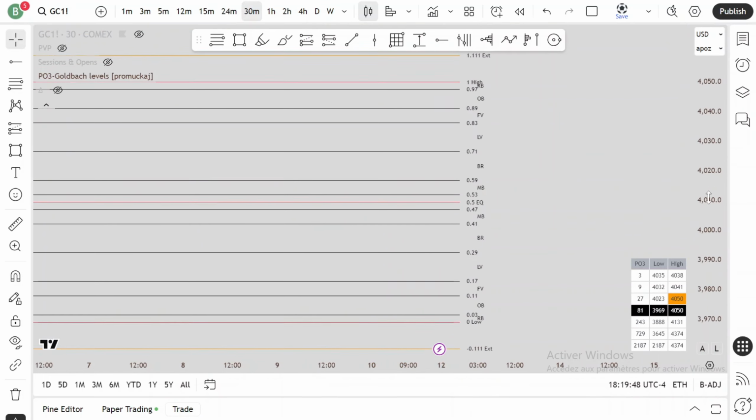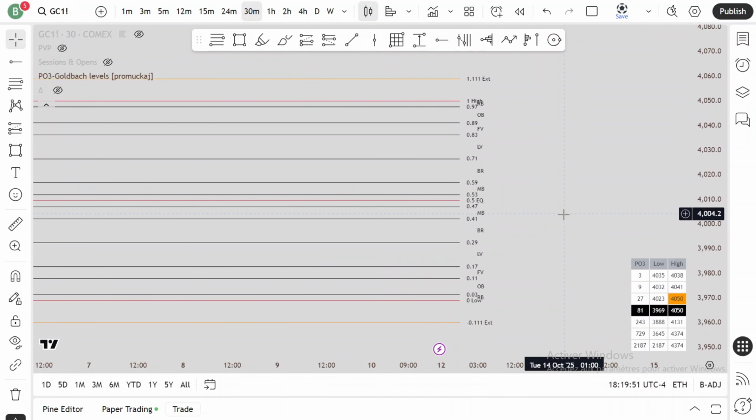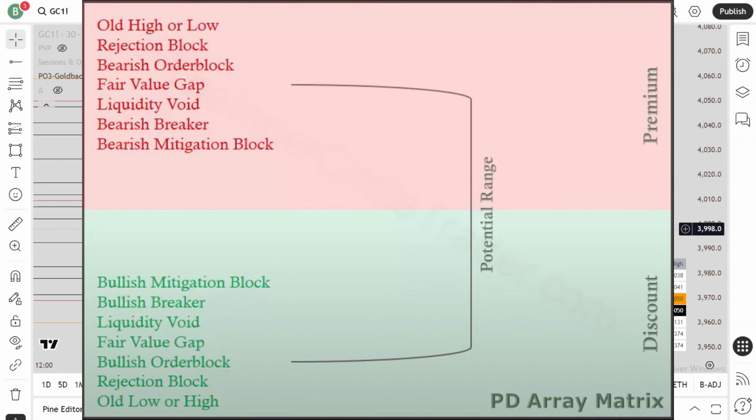Based on this, something we often forget is that highs and lows are also part of the ICT PD array matrix. That means highs and lows are PD arrays.